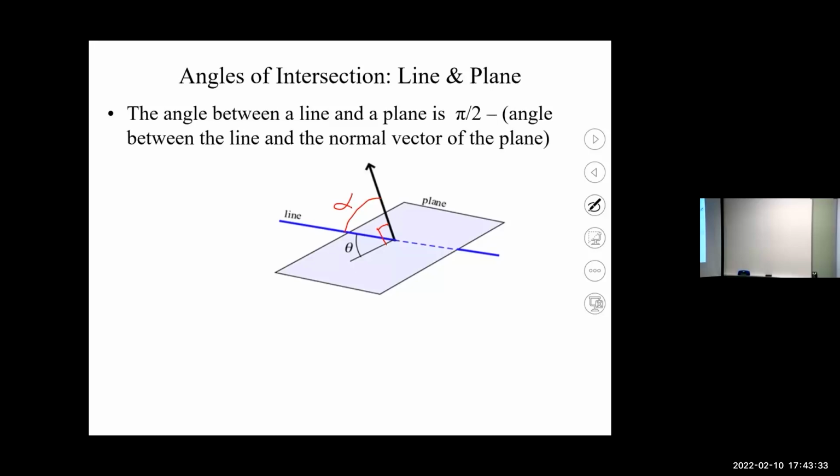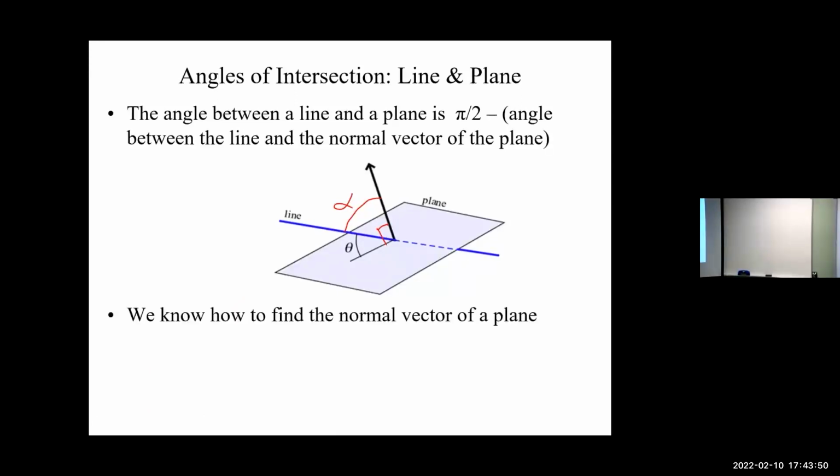And the reason we do that is because it's easy to find the angle between these 2 lines. That's what we were doing last time. Remember, we were finding the angle between 2 vectors. Well, we would know the normal vector because it's just the normal vector of the plane, right? And that's something we're just going to get used to going back and forth from, taking the normal vector, finding a plane, taking the plane and finding its normal vector.